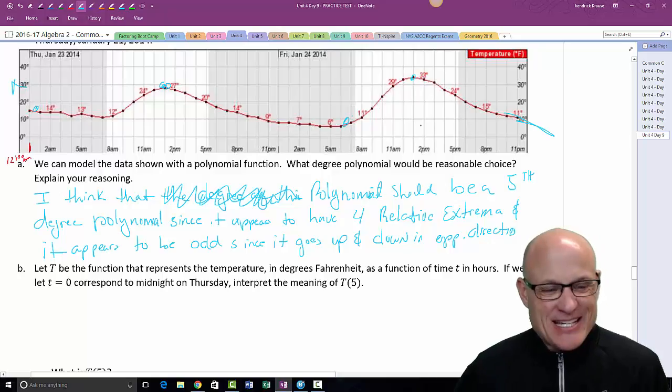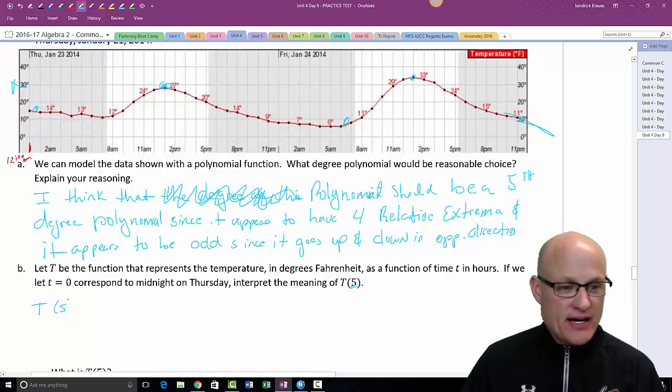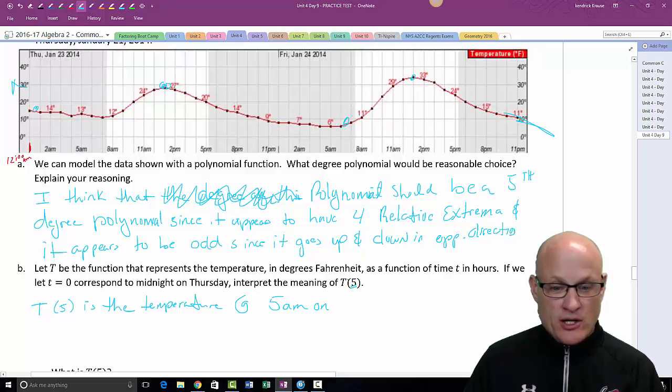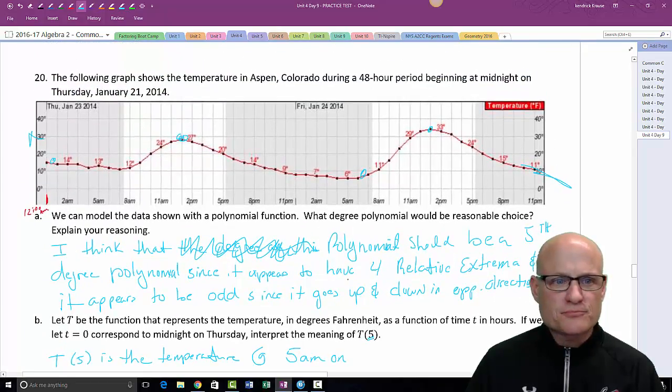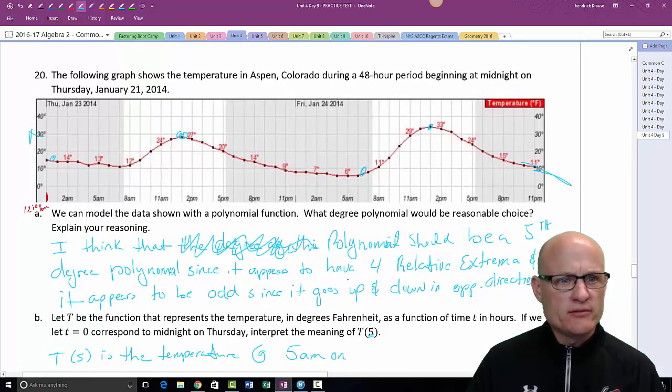Let t be the function that represents this temperature. If we let t equals 0 correspond to midnight, interpret the meaning of T of 5. T of 5 is the temperature at 5 a.m. on January 20.